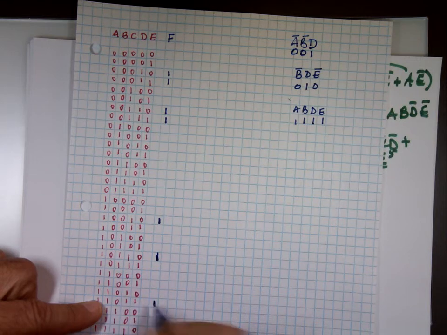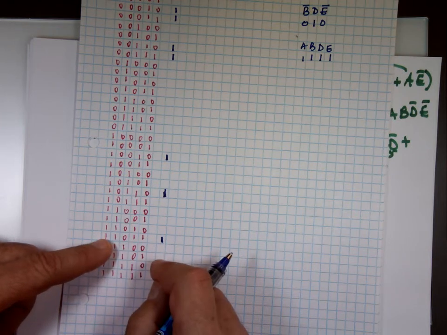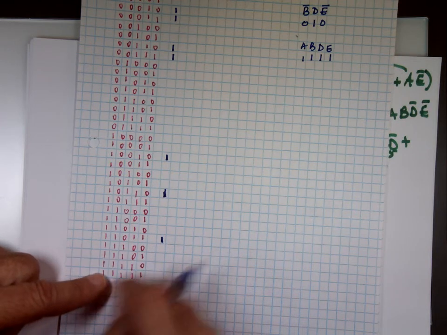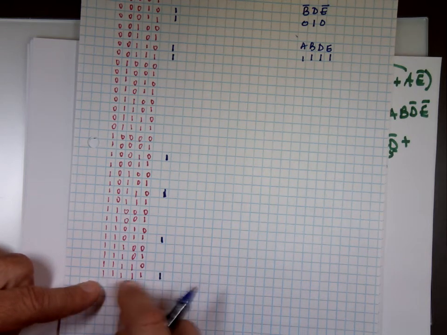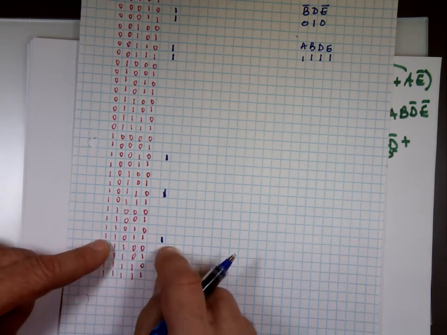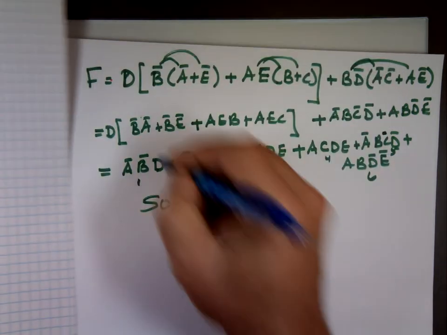Can you see it on the screen? A, B, D, E, and A, B, D, E, and A, B, D, E, right there. The third one is done.